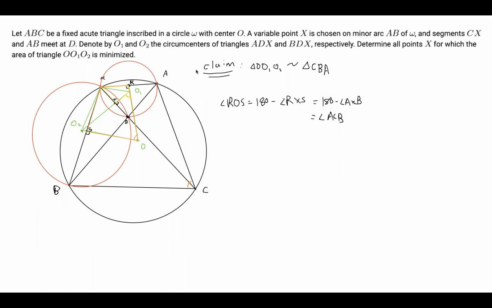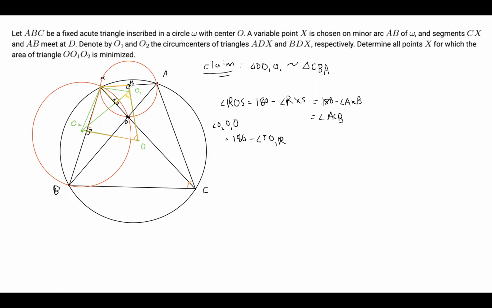Which means that angle O2O1O is equal to 180 minus angle TO1R. But since angles XRO1 and XTO1 are both 90 degrees, they add up to 180 degrees, which means that XRO1T is cyclic.